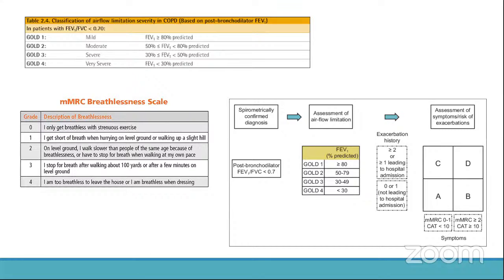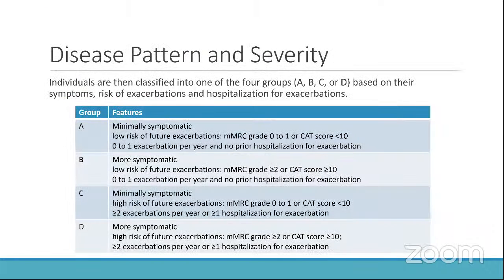So that's an example of how all of these are combined in order to classify the patients into the GOLD classification. For group A, these patients will be minimally symptomatic. They have low risk of future exacerbations. The MMRC is 0 to 1 with a CAT score of less than 10. They have 0 to 1 exacerbations and no history of hospitalization.